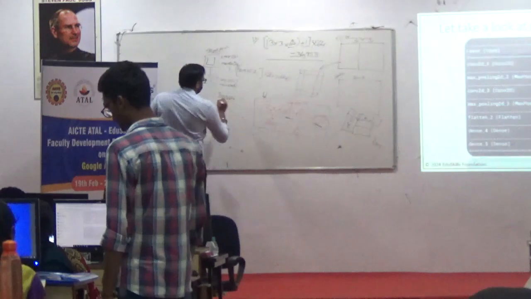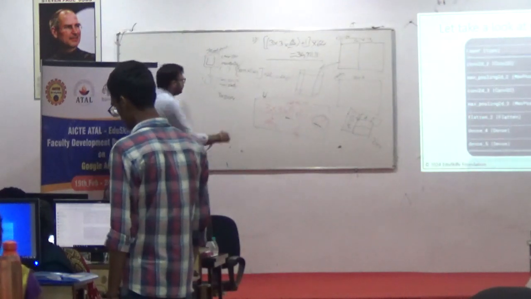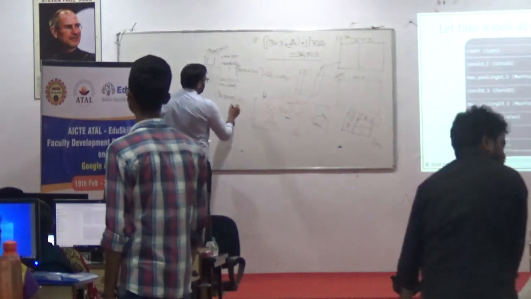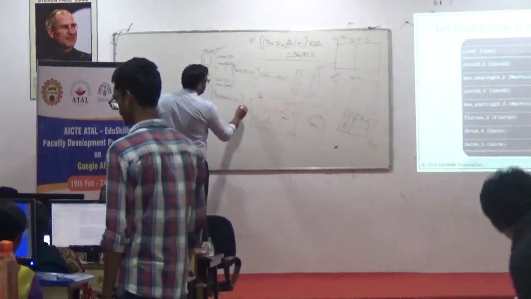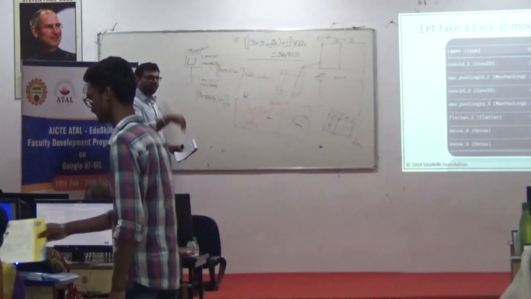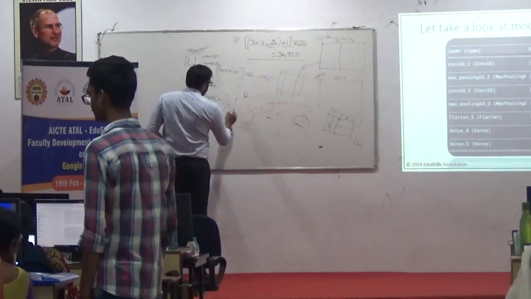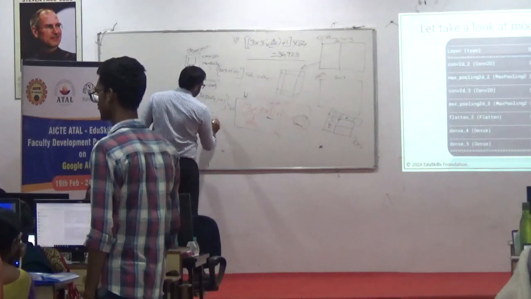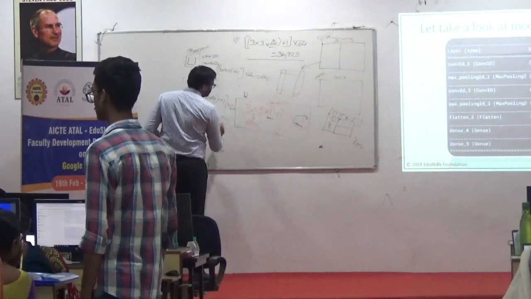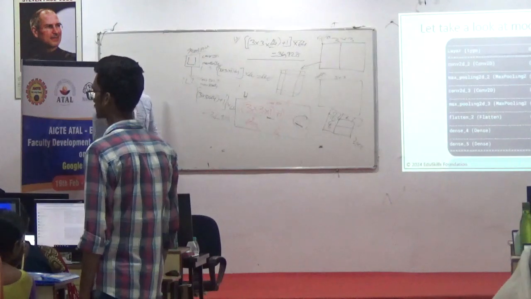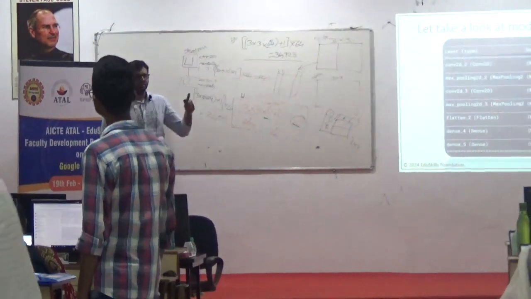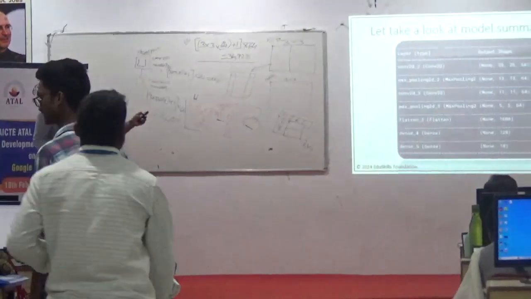So 3 by 3 by 64, plus 1 bias, the whole into the number of filters present in that layer, that is 64. This results in 36,928. Okay, sir? Clear? Anyone else having any other doubt in this?